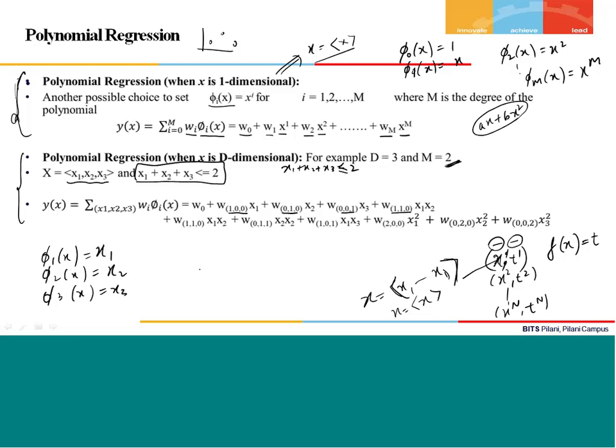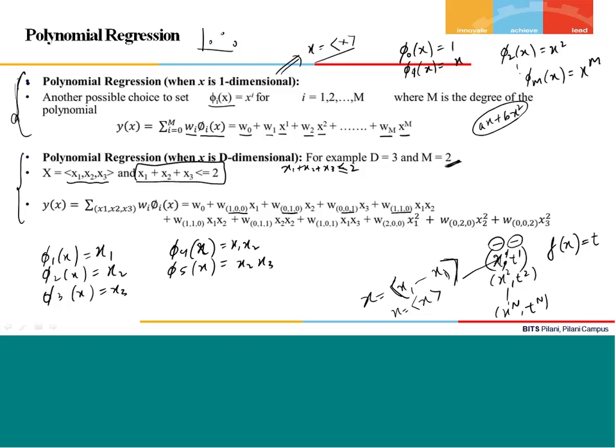So it means that phi 4 of x equals x1, x2. So this is x1, x2. I need to find all the combinations which can give degree 2.